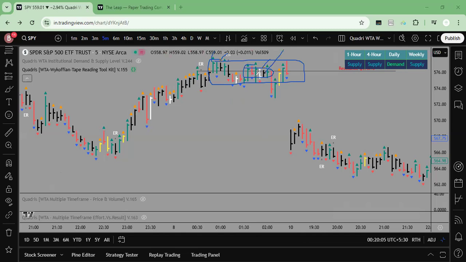Instead of that, we are met either with a supply bar, or with a no demand bar. Why no demand bar? Because it is in the given context of price moving upwards, and as we are approaching it, there is weak demand. And then I see this was the last gut check.